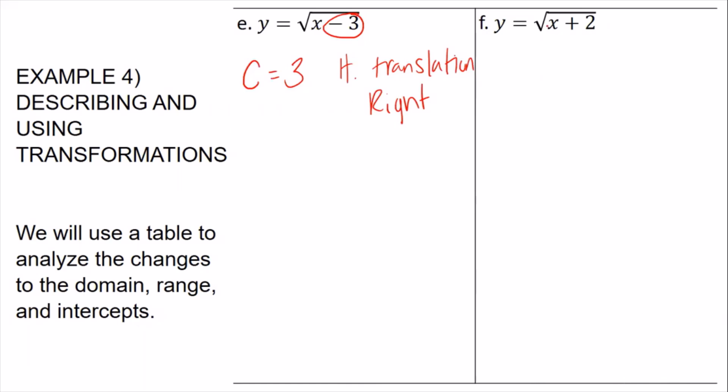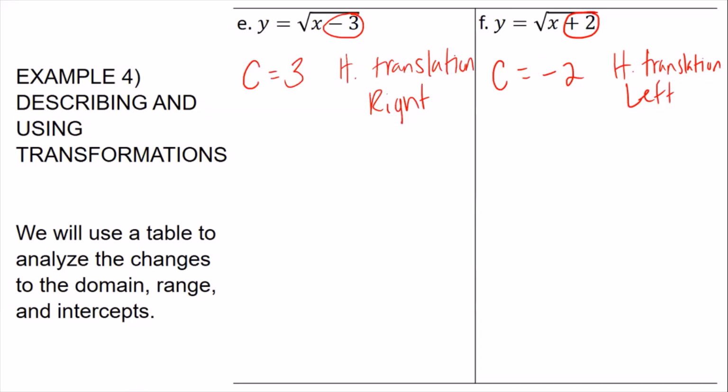Over here, we have a +2. And again, our x's are liars, so it's not a +2, it's actually a -2. So it's a horizontal translation to the left. So when it's asking you to describe your transformations, this is what it's asking you to do.